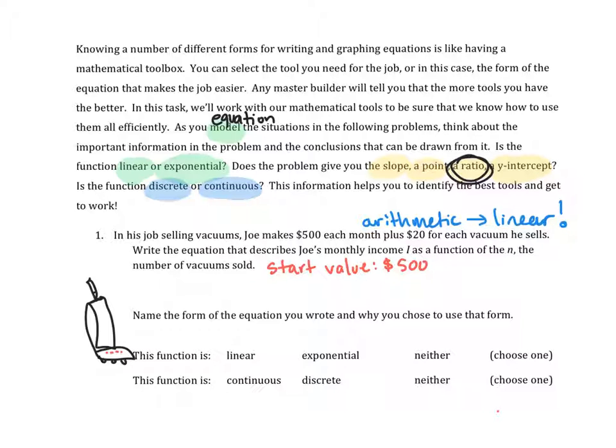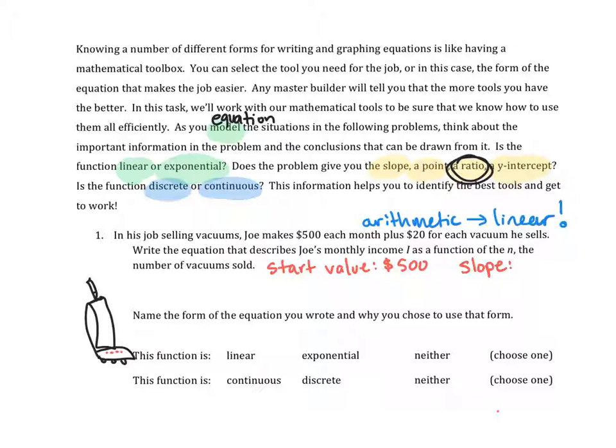So now we know so much about what kind of equation we need. If I know it's a linear equation, I know I have a start value. What is this plus $20 for each vacuum he sells? It looks like that might be the slope.